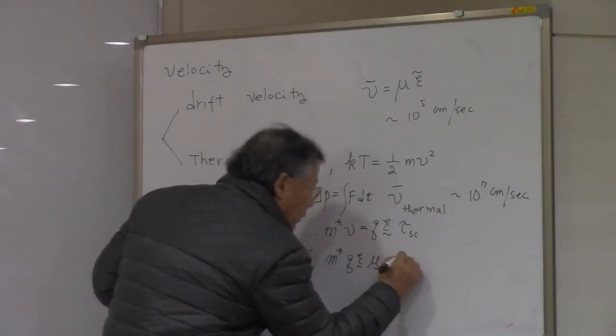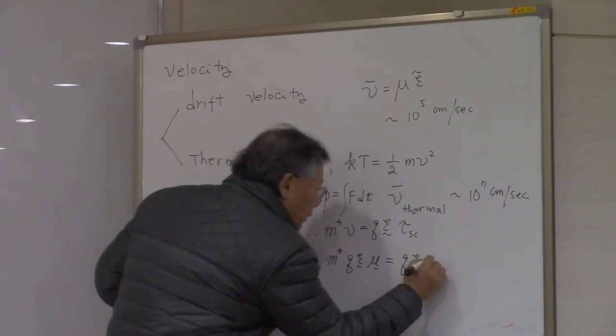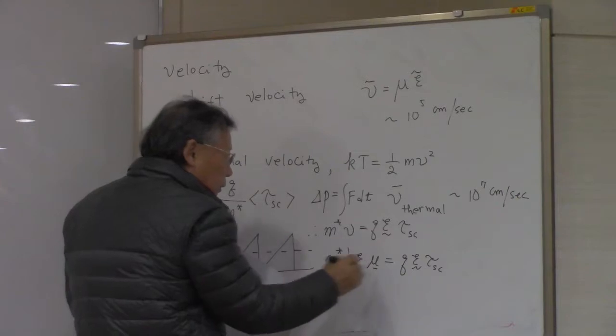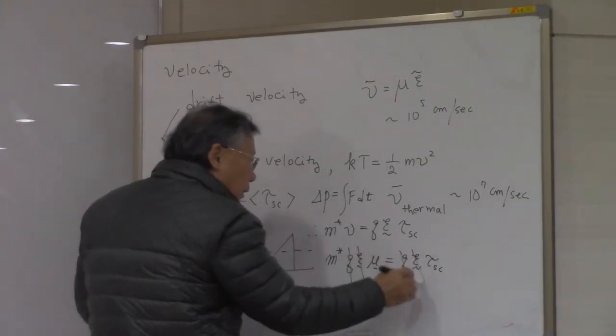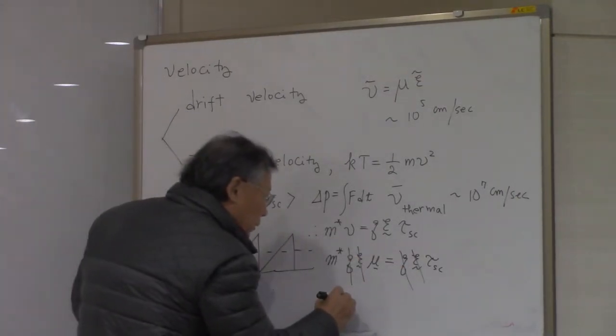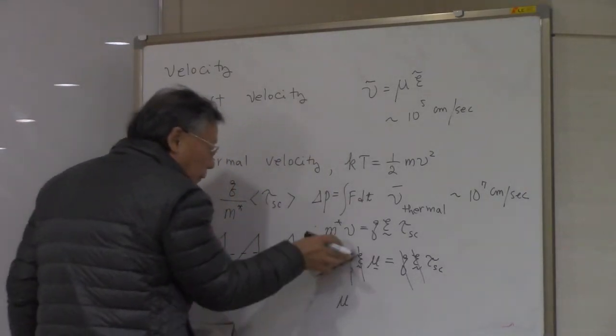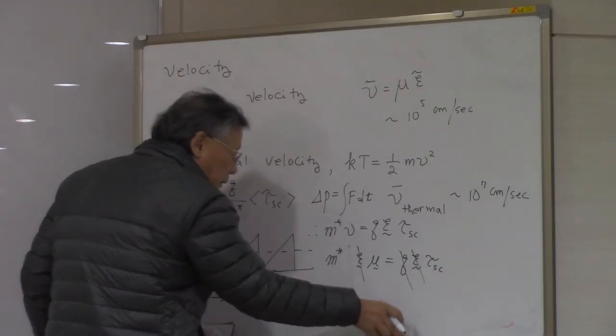And then that is equal to the q electric field and scattering relaxation time. So you take out all these values, and then it turns out, oh, wait a minute, we don't have a q here, right?